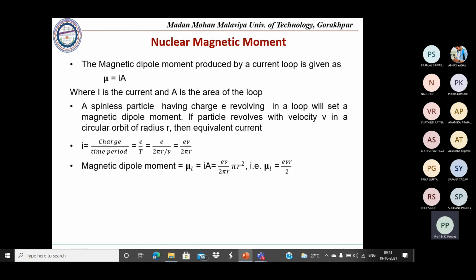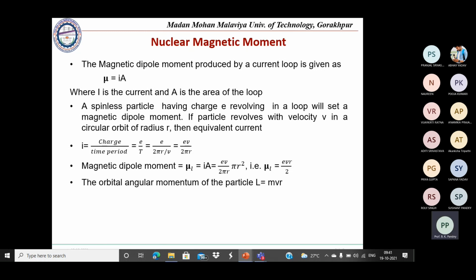So mu L is equal to I into A, and by putting the value of I and of A, the area of the loop, which for radius R is pi R square, we get e v upon 2 pi R into pi R square, and hence mu L is equal to e v R upon 2.